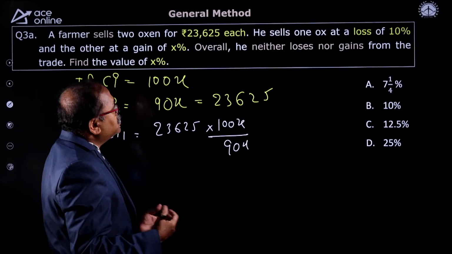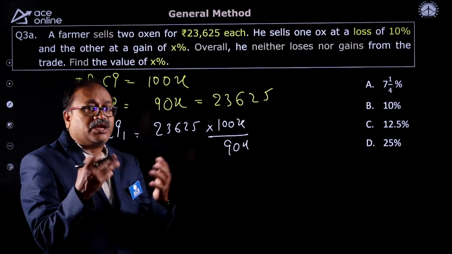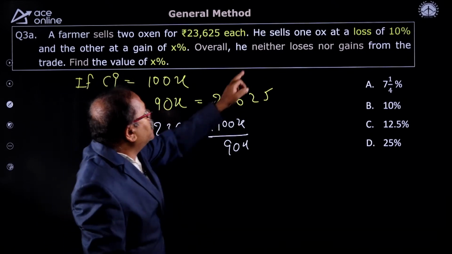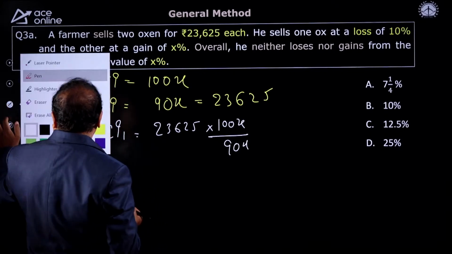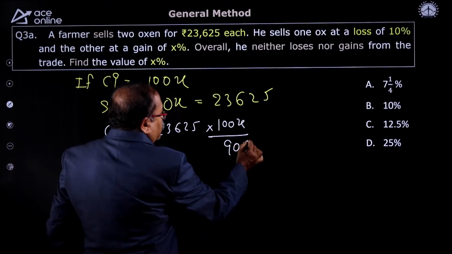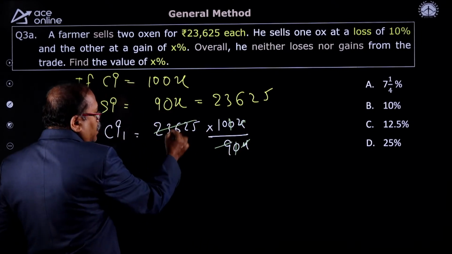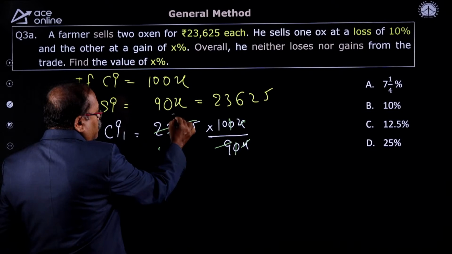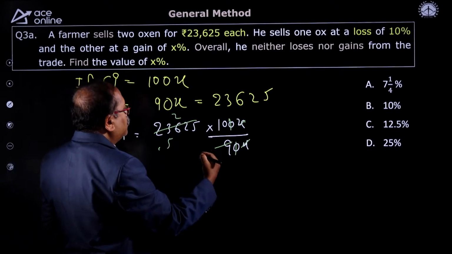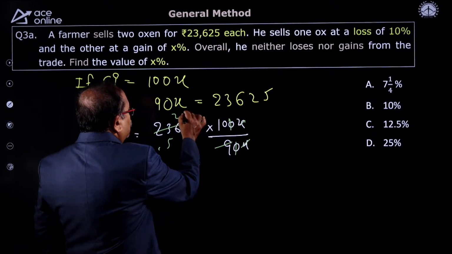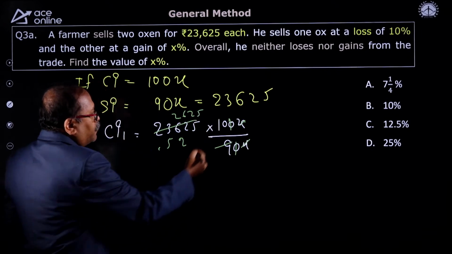Cost price 1. Similarly, if I get the cost price 2, then the total selling price will be equal to the total cost price, because there is no profit and no loss. So let's find it out. The x's get cancelled, this 0 gets cancelled, and with 9 this will get cancelled. 9 2s are 18, I am left with 5 here, and 9 6s are 54, I am left with 2 here, and this is 25, followed by 0.